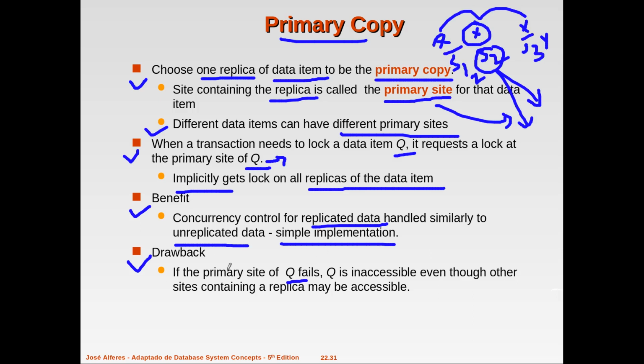That is the problem with primary copy. Q is inaccessible even though other sites contain a replica of the same data item Q, because the request will be sent only to the primary site. The primary site grants the request. If that site fails, even if the data is available in some other site, the request cannot be granted. That is the drawback of the primary copy method.